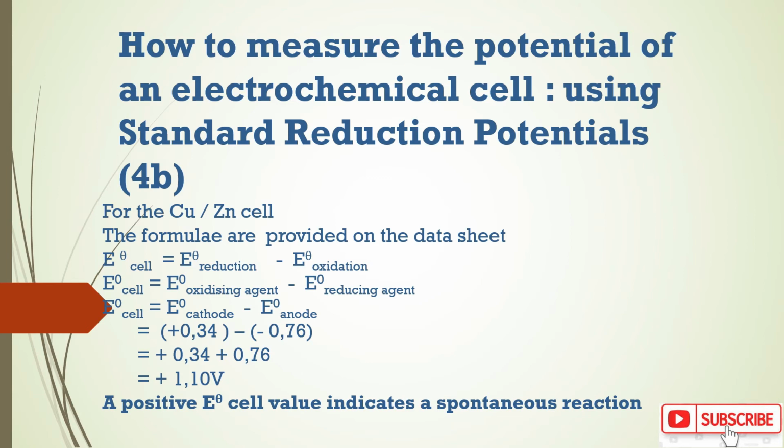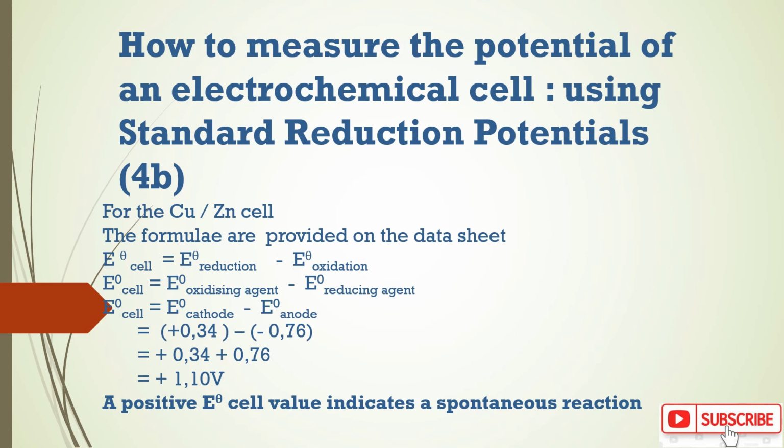For this one, the one that is undergoing reduction is copper. Copper ions are reduced into copper. So the value for that reduction half reaction is plus 0.34 volts, minus the value for oxidation, which is minus 0.76 volts for zinc being oxidized into zinc 2 plus.